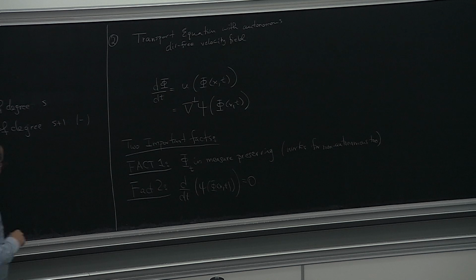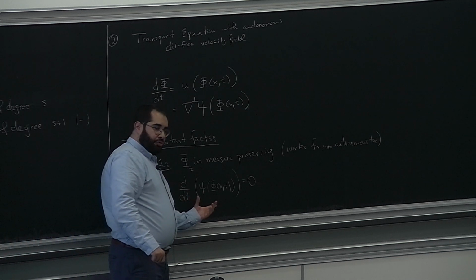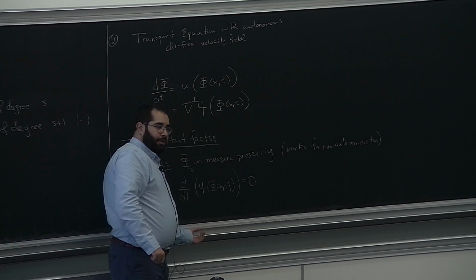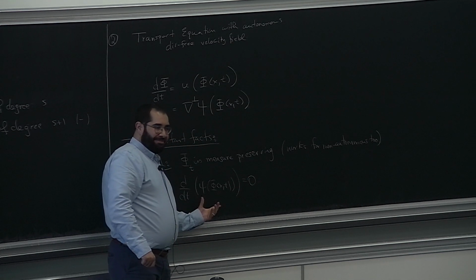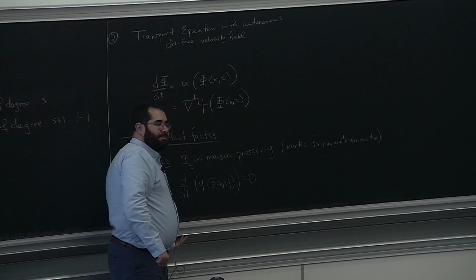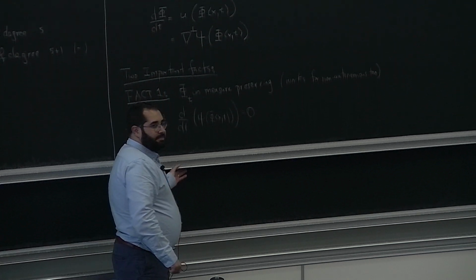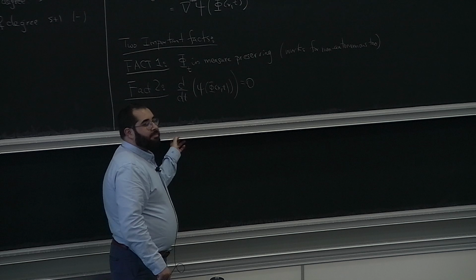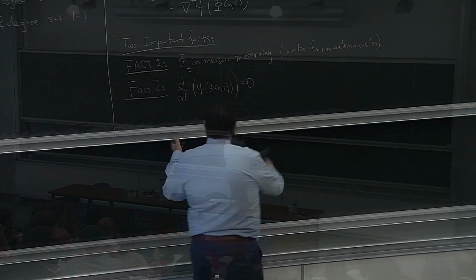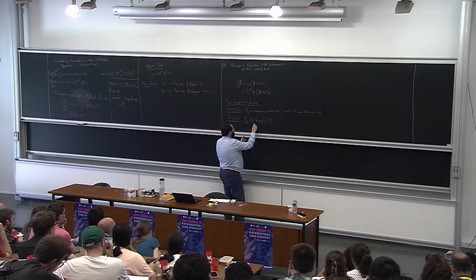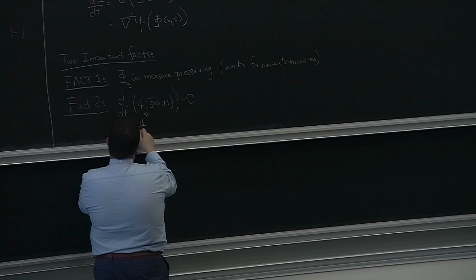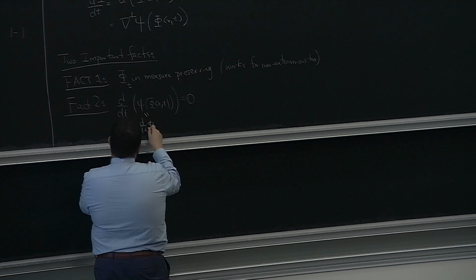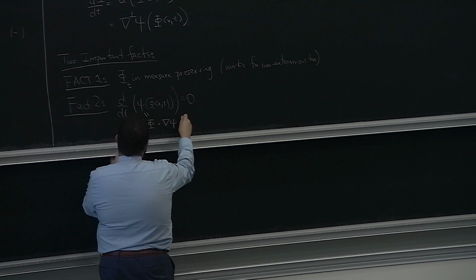Okay, so does everybody see why this fact is true? Does anybody want to tell me why this fact is true? Because you got the gradient of C against the gradient of C. Exactly, because this thing is just equal to the d/dt of phi dot the gradient C at phi, right?